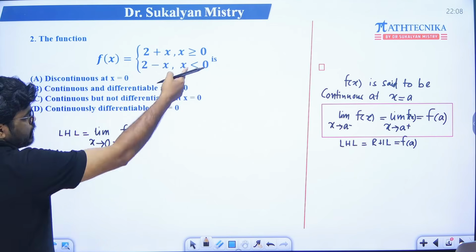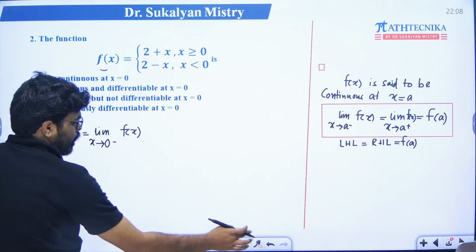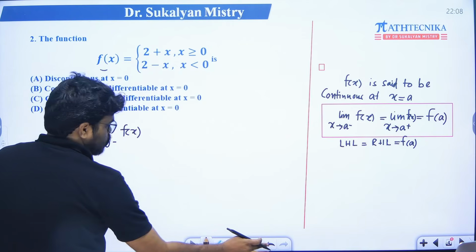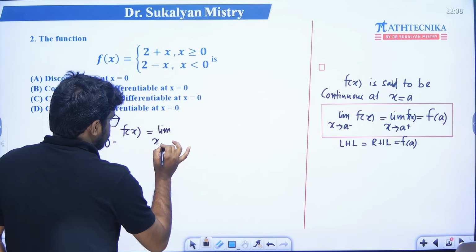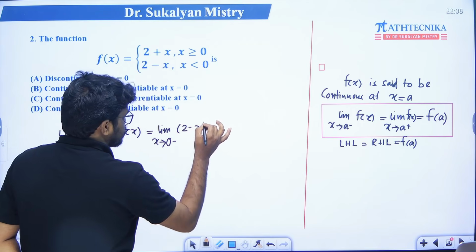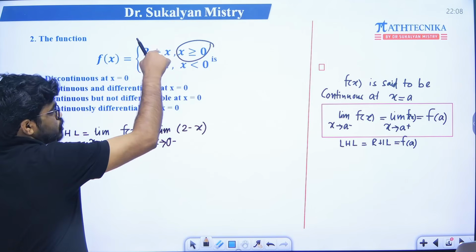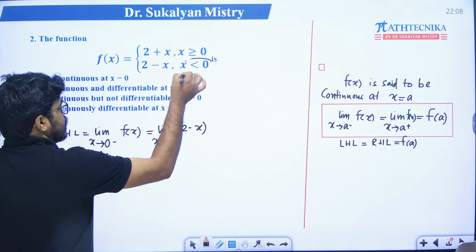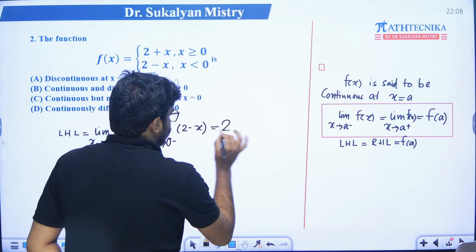When x is less than 0, the value of f(x) is 2 minus x. So that is limit x tending to 0 minus of 2 minus x. When x is greater than or equal to 0, f(x) is 2 plus x. So x equals 0, and we get 2.